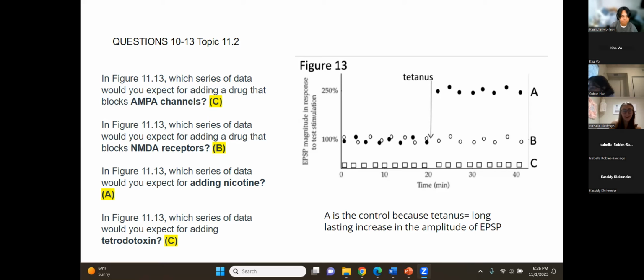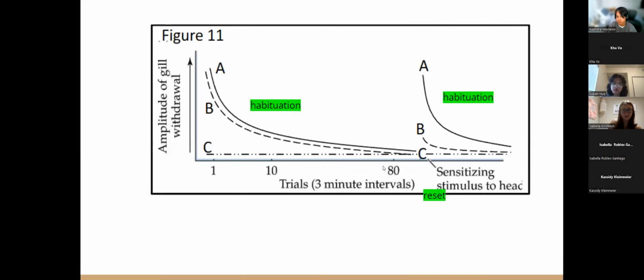Okay. So that's figure 13. And then this was figure 11, and there were also a lot of questions about figure 11. This refers to that fish or slug, whatever it was, that when you would touch it, at first it would withdraw, but over time it stopped.